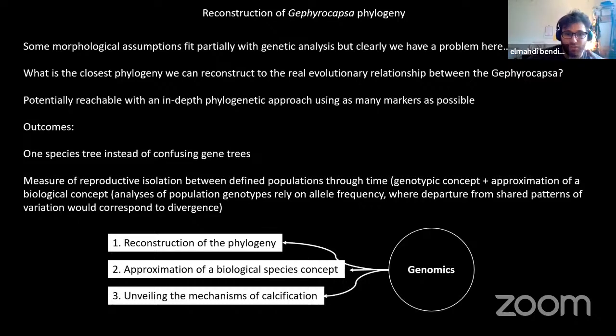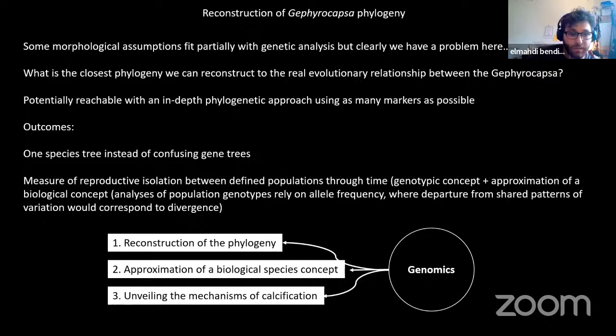That's something that can potentially be reachable if we approach that phylogeny with in-depth methods, such as using as many markers as possible. That can be attainable using different techniques, like transcriptomics or genomics, for example, to mention two.